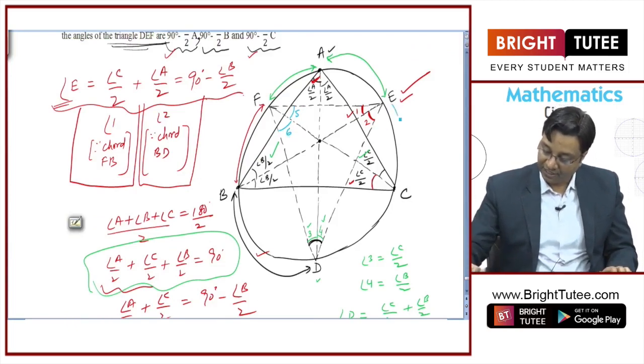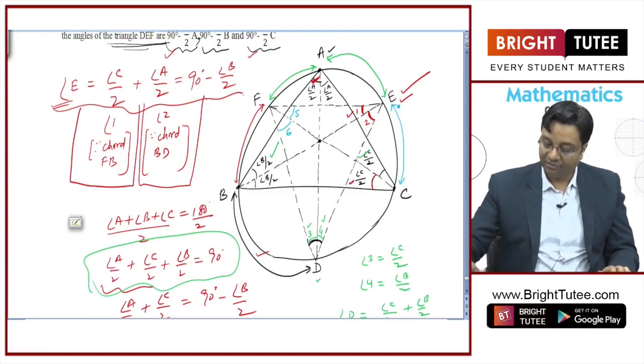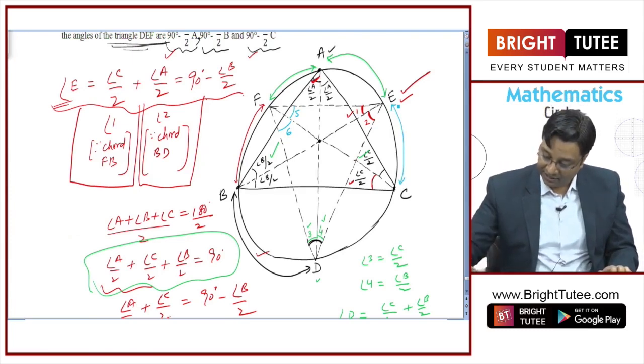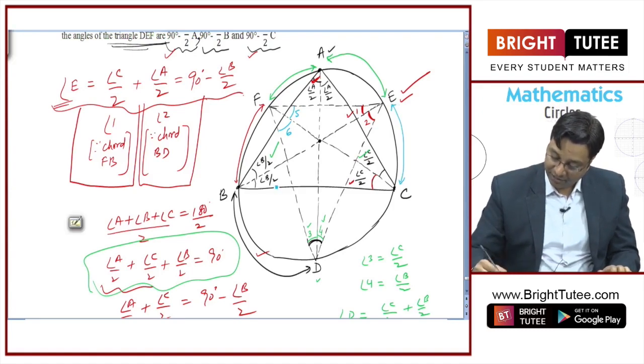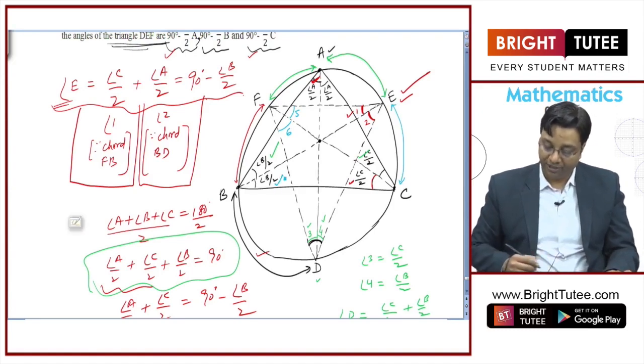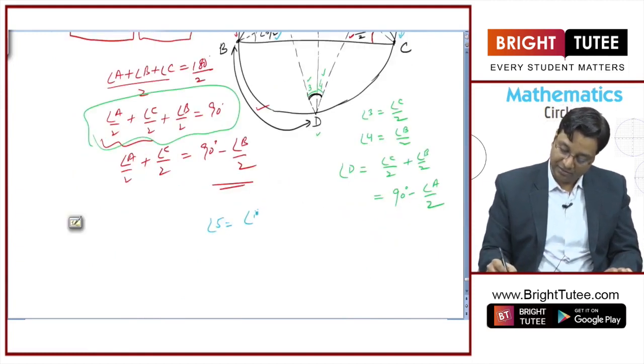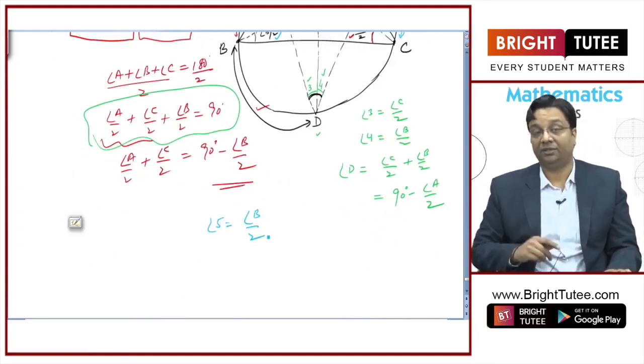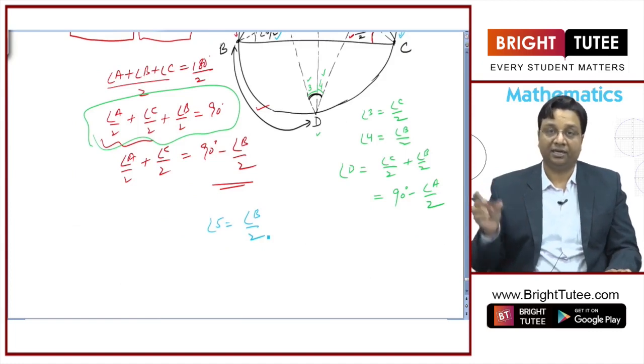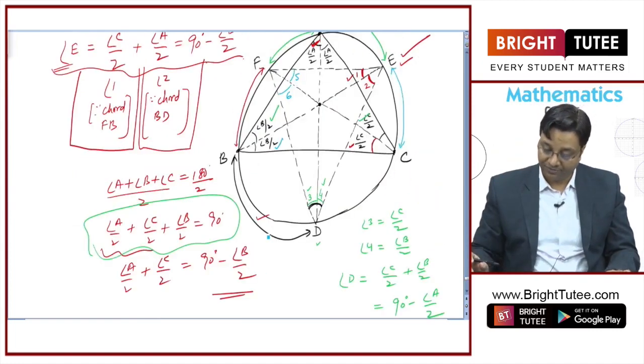So for angle 5, I will look at this arc EC. Arc EC subtends angle 5 at point F, and arc EC subtends angle B by 2 at point B. So angle 5 is equal to angle B by 2, because angles subtended by the same arc are in the same segment of the circle.